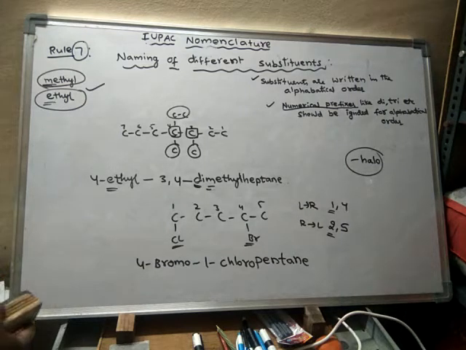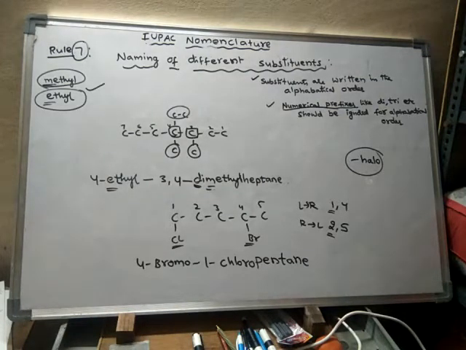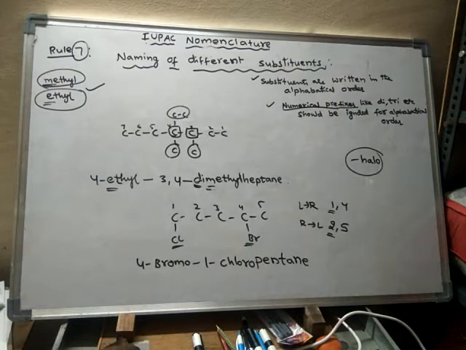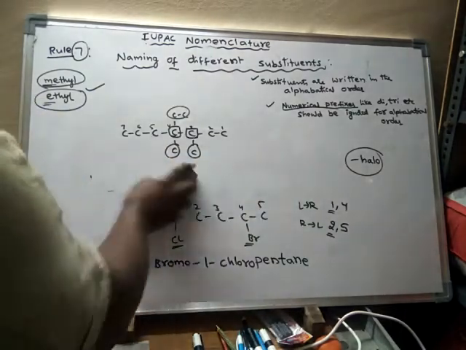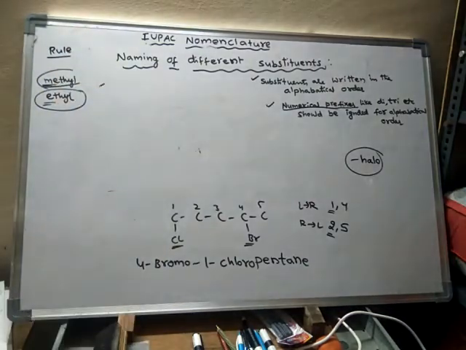Like this, the names of the compounds are written when different substituents are present. What happens if different substituents are present at equal positions? I will explain this one. So this is rule 8.